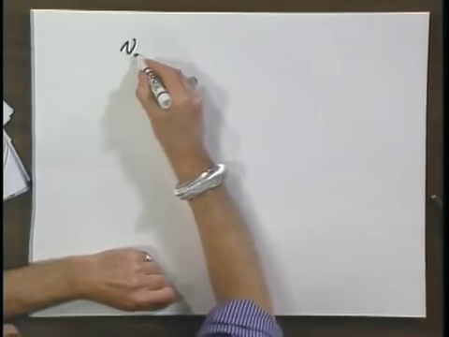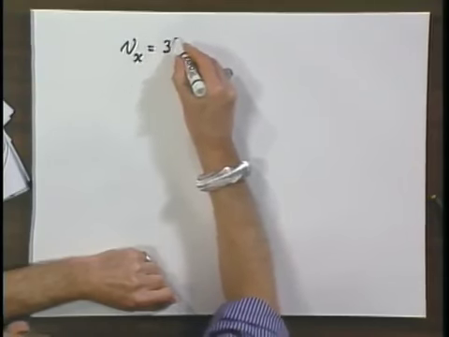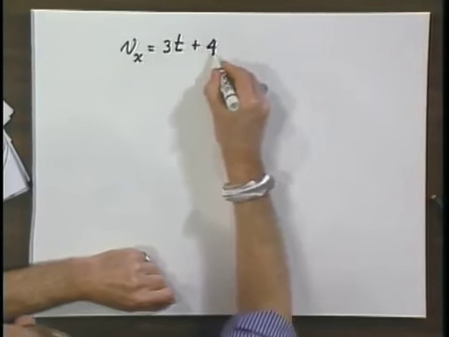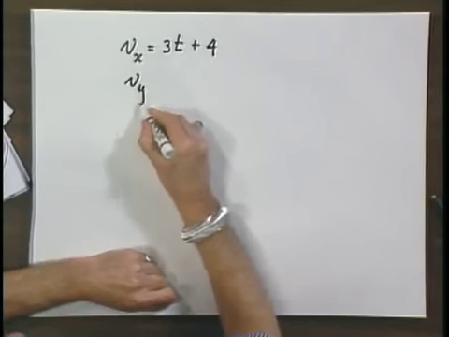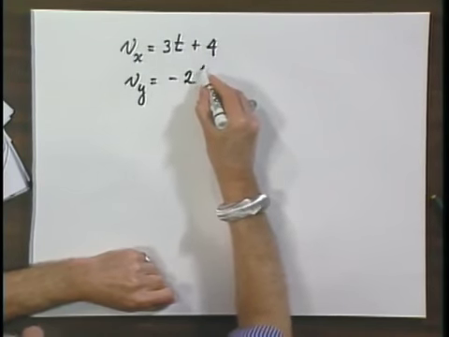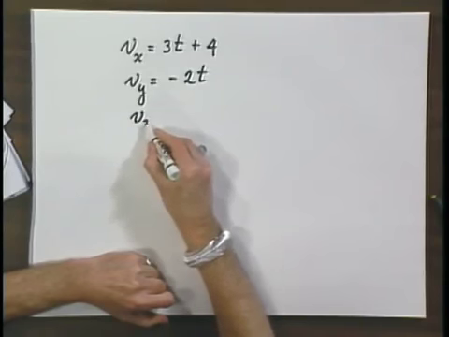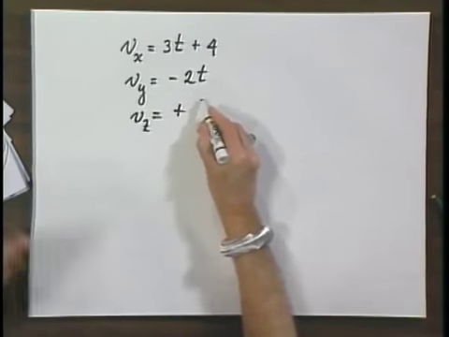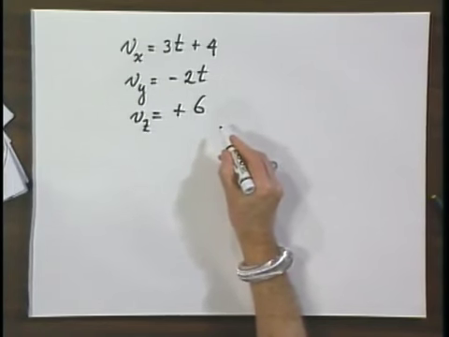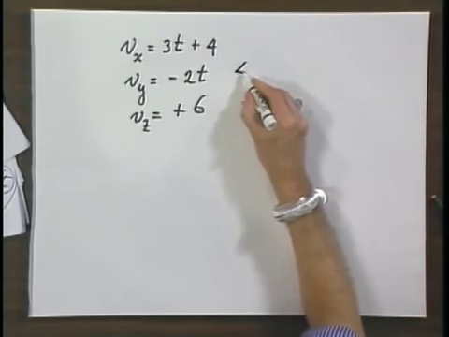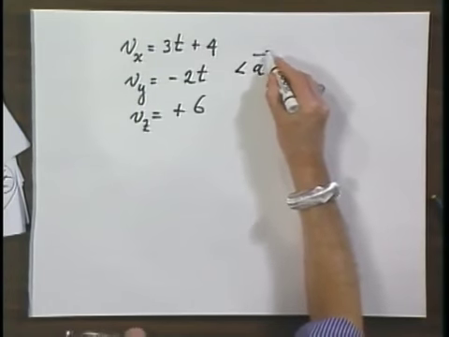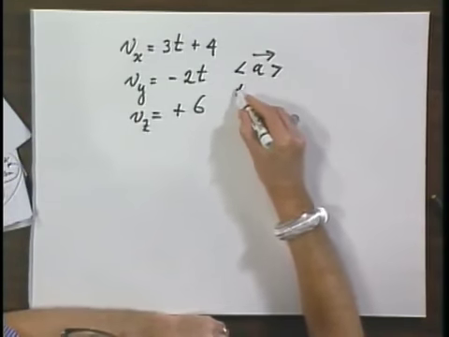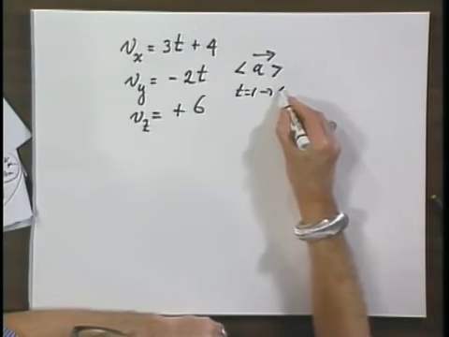And I would like to revisit something that I did earlier, whereby we had v of x equals 3t plus 4, v of y equals minus 2t, and v of z was plus 6. We calculated the average acceleration between time t equals 1 and time t equals 4.